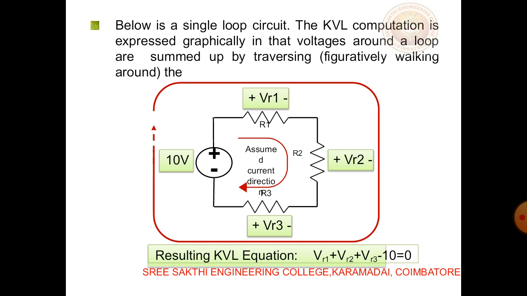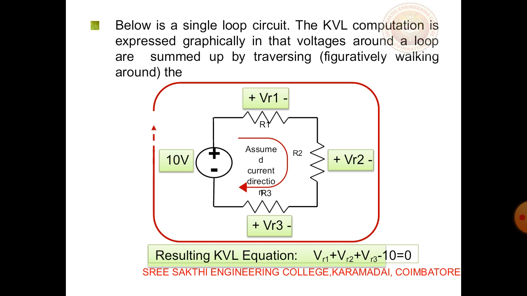The total resulting equation is the sum of all the voltages. Looking at this loop, everywhere we are dropping the voltage, so we can write VR1 plus VR2 plus VR3 minus 10 is equal to 0.